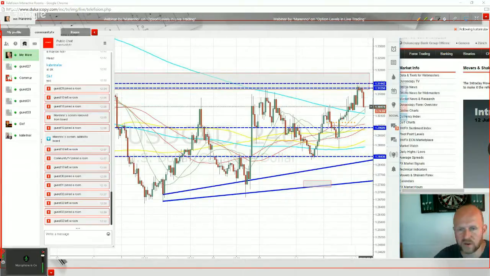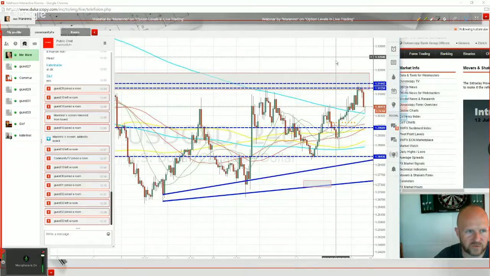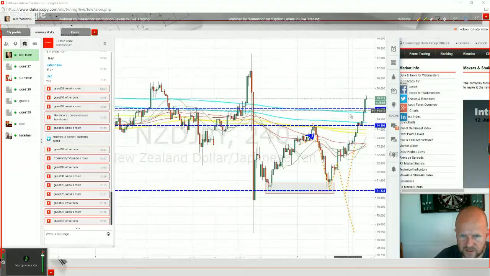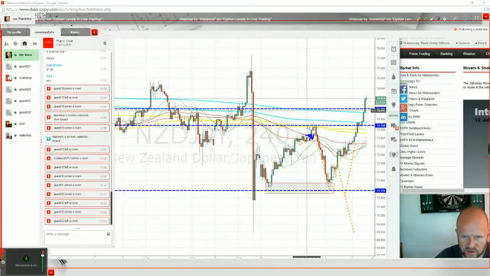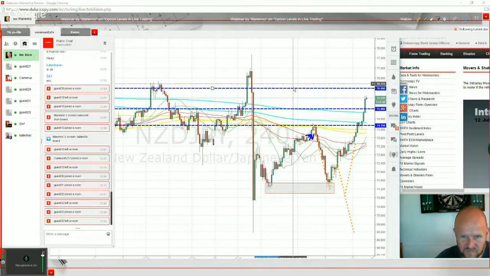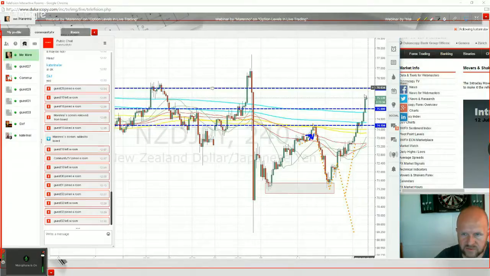Okay, let's go further. It's New Zealand yen. We did have very good resistance areas at 75, so we're going further up. Let me move to 76. Well, a psychological level, I would say, or magic level. So that's the level of possible reversal.